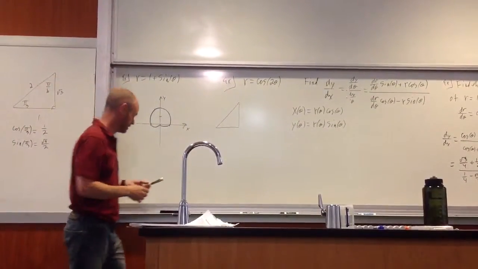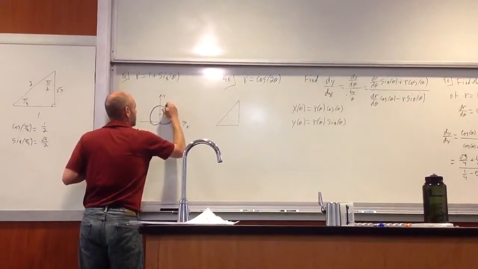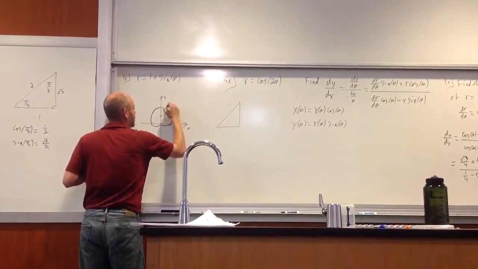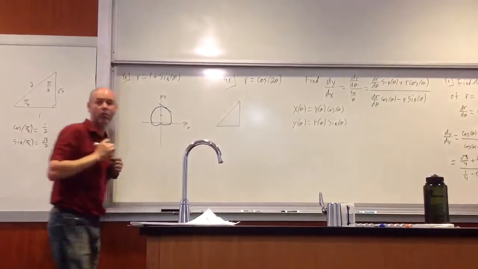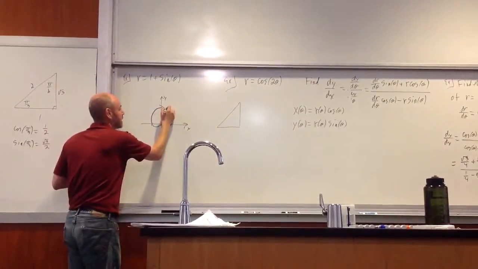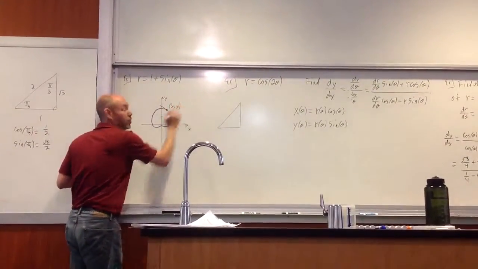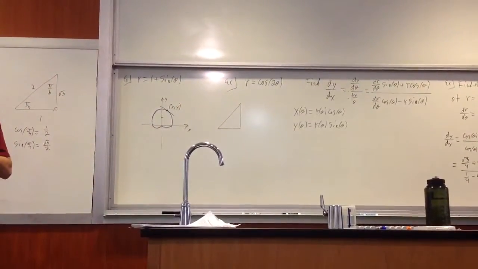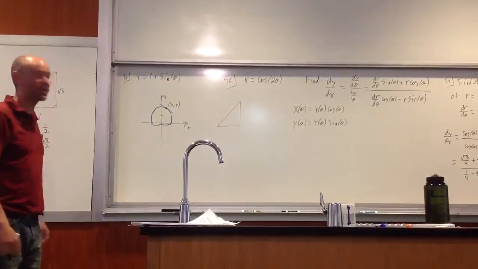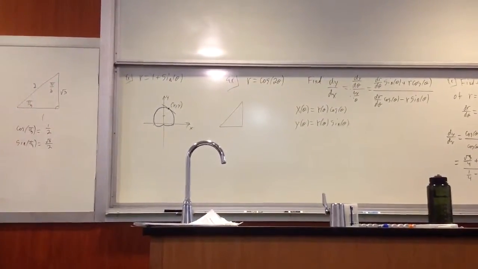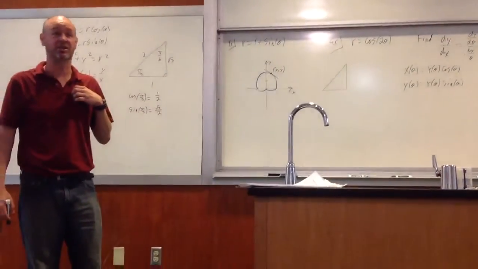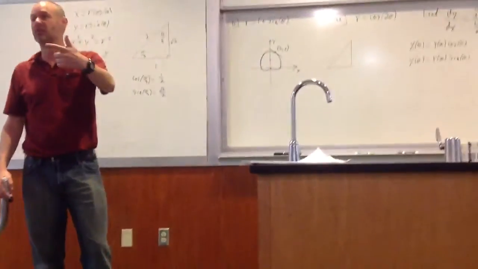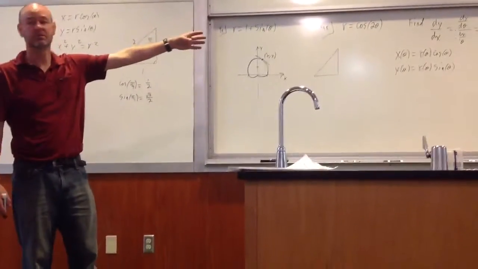So my question is, what is that point where it touches exactly there? This is an x, y coordinate. So we need to figure out what that x, y coordinate is, because I want to come up with the equation of the tangent line. And I need a point and slope. I got the slope.